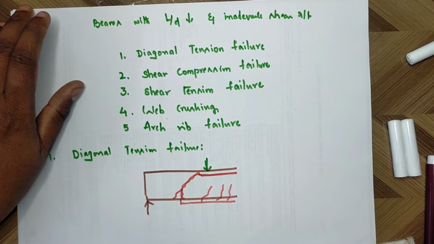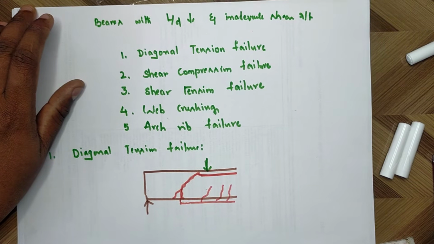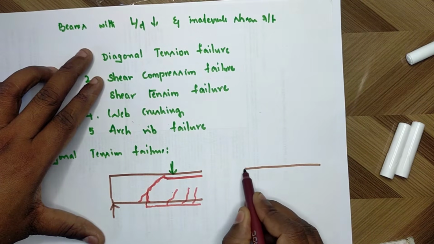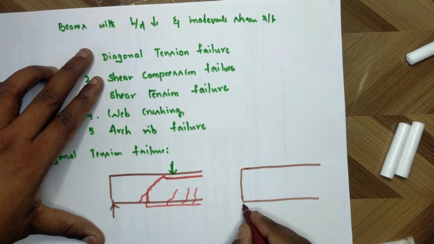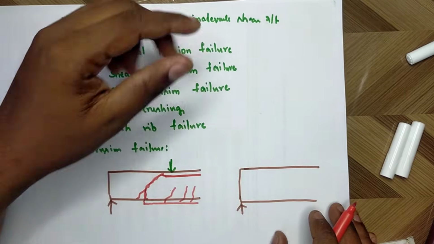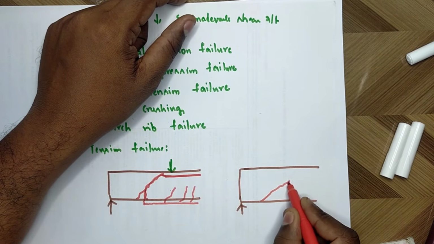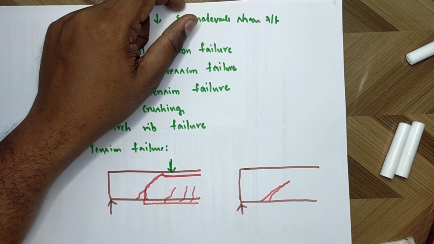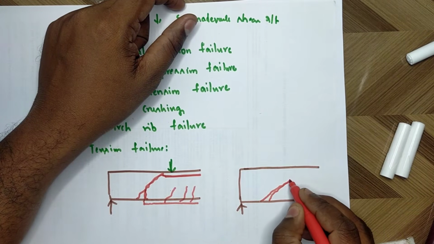Next, shear compression. Shear compression means, I will show here. In shear compression, there will be a crack, but at the tip of the inclined crack there will be a crushing of concrete.